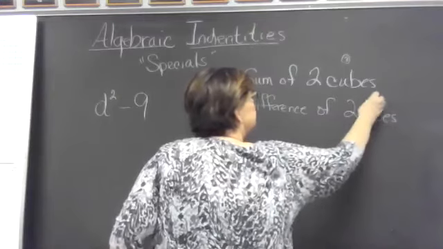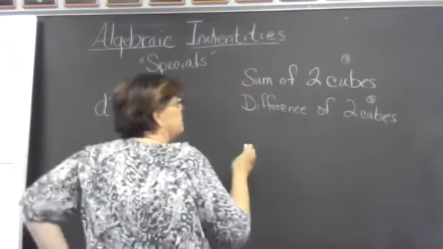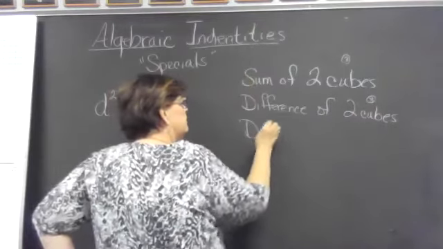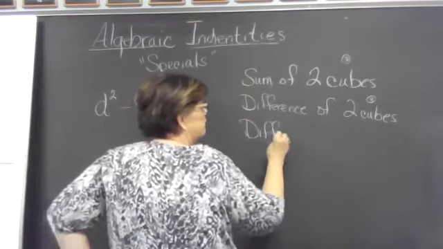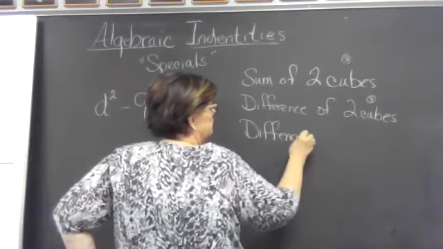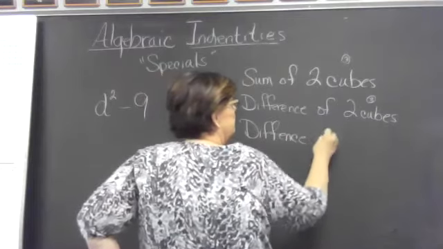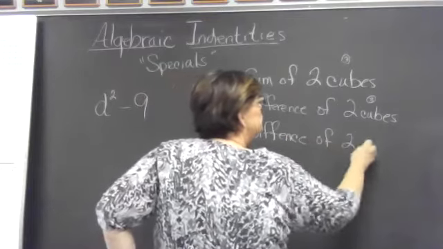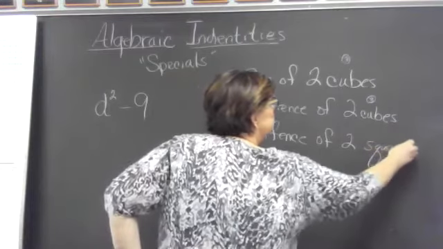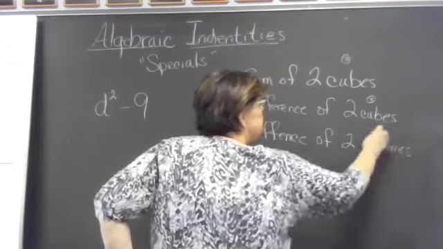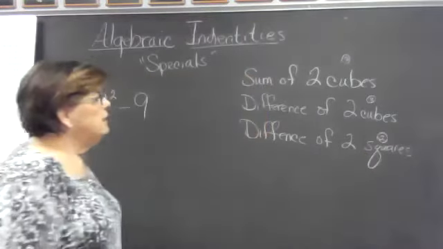Cubes means exponent of 3. And the third one is called the difference of two squares. I think these are listed in the other order on your paper, but it doesn't matter. And squares is the exponent of 2, okay?